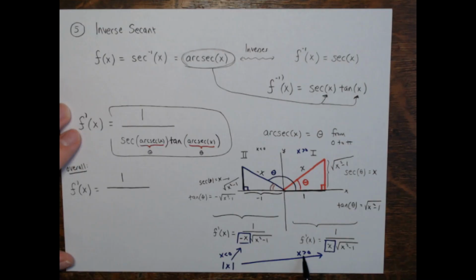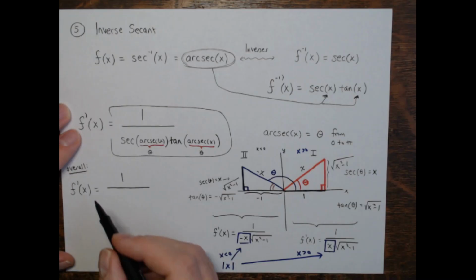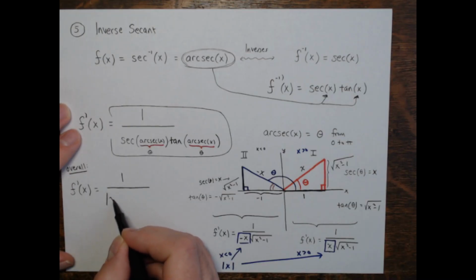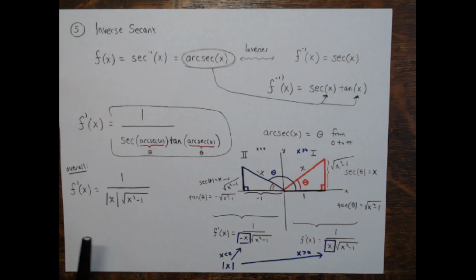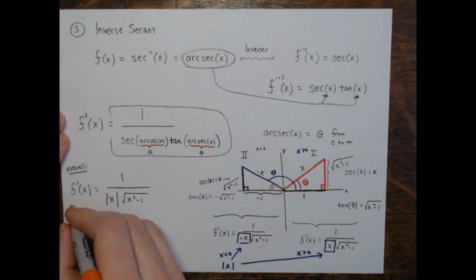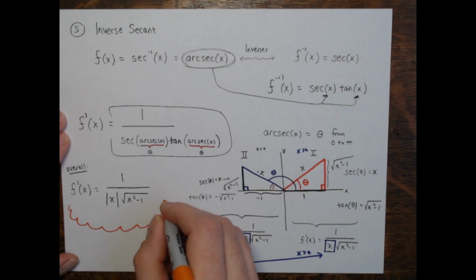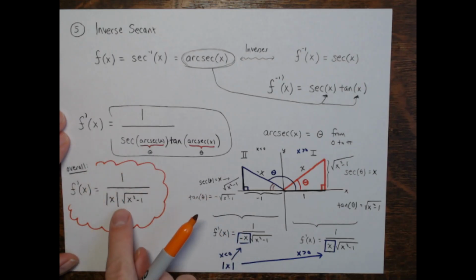But again, it's x if x is positive. It's the opposite of x if x is negative. So you can just express that by the absolute value of x for short, times the square root of x squared minus 1. So this is typically how you're seeing the derivative of the inverse secant in a table.